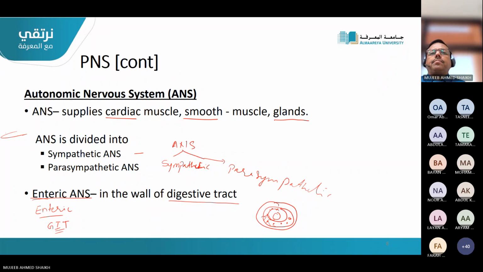So some people classify them as a separate system, which is called the enteric nervous system, although some other people say that this is a part of the autonomic nervous system. The one only responsible for controlling the gastrointestinal activity is called the enteric nervous system. This is also part of the peripheral nervous system.